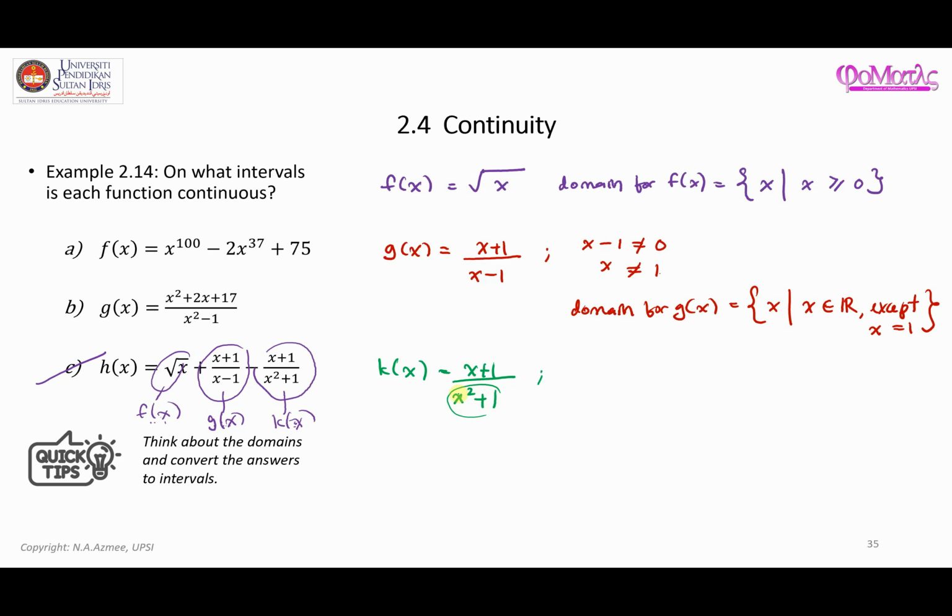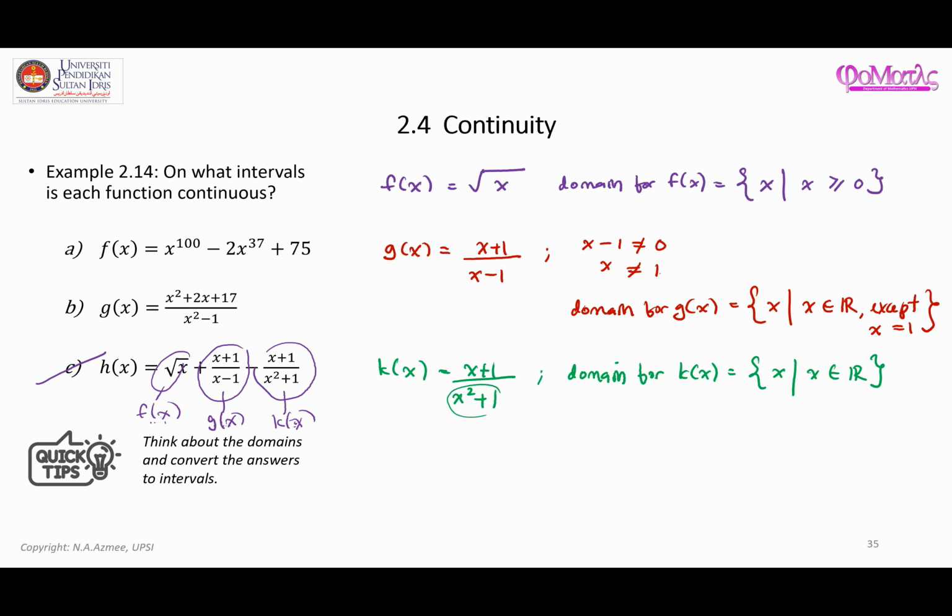The value here is always going to be a positive value, regardless of whatever value of x is considered. So in this case, the domain for k(x) is all values of x such that x is any real number, from negative infinity to infinity.